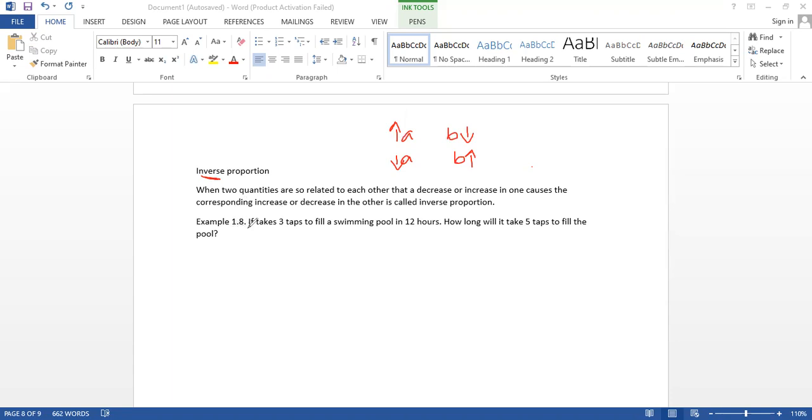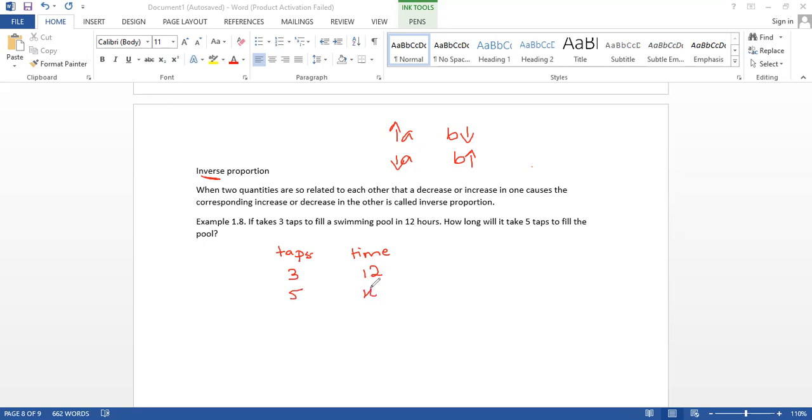Now we have an example over here. It takes 3 taps to fill a swimming pool in 12 hours. So in the information, we have taps and then we have time. How long will it take 5 taps to fill the pool?